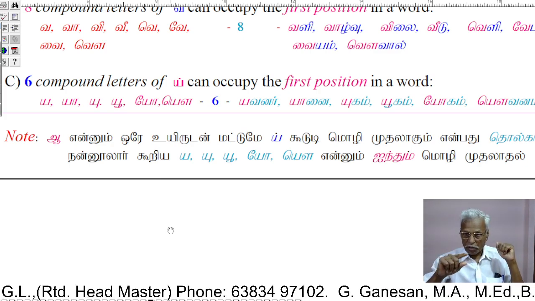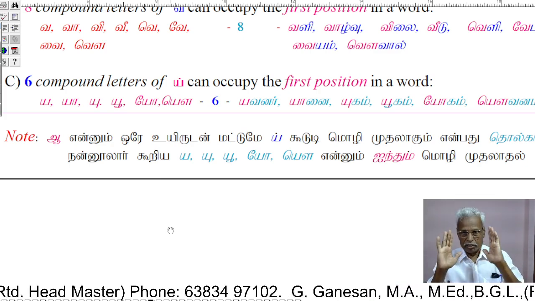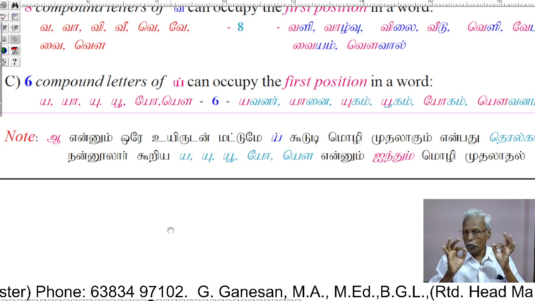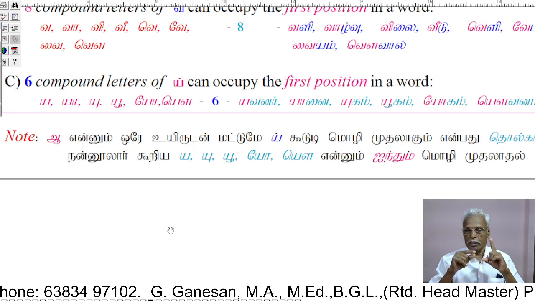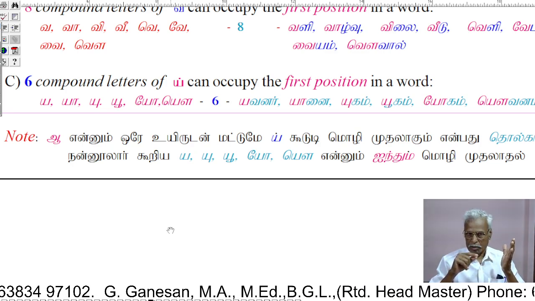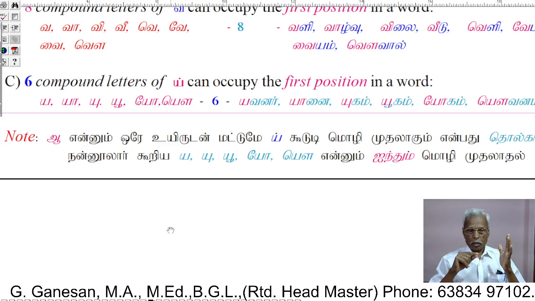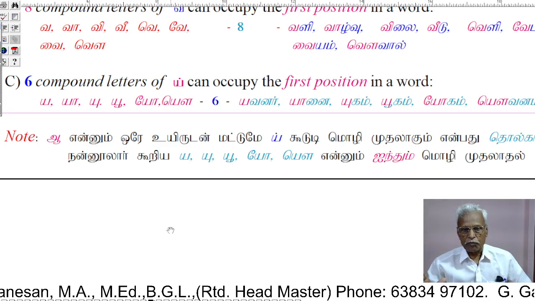That is not Yada, Yav, Yavanam, beauty. So out of the 12 compound letters of the consonant Ya, only 6 letters Ya, Yu, Yo, Yav could occupy the first position.